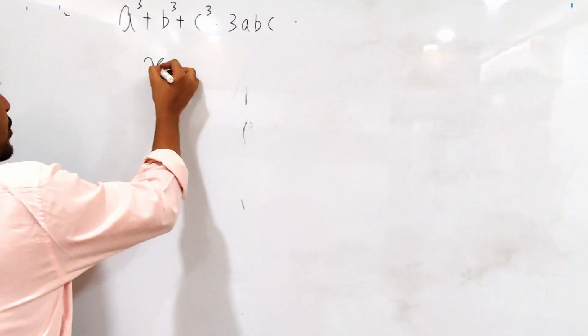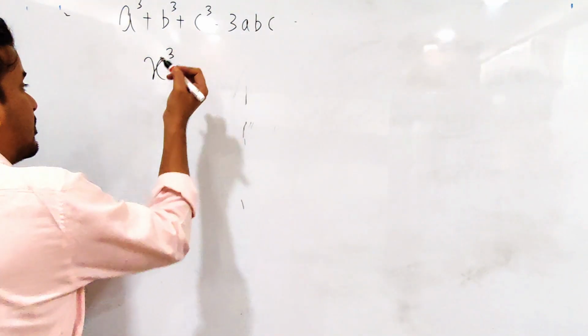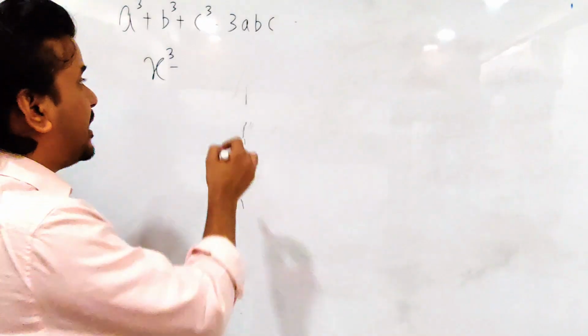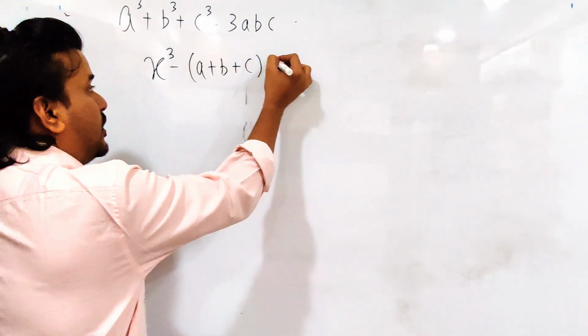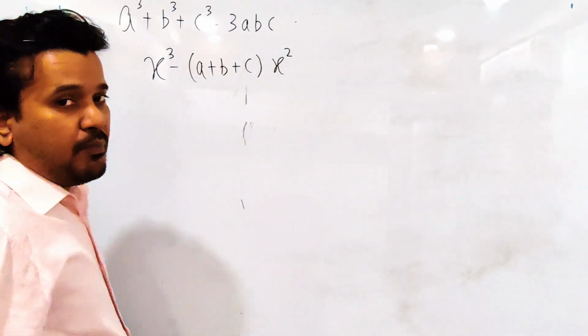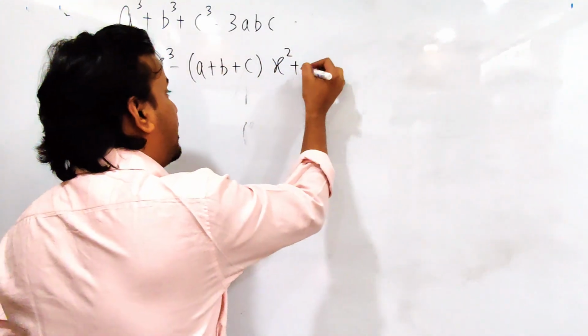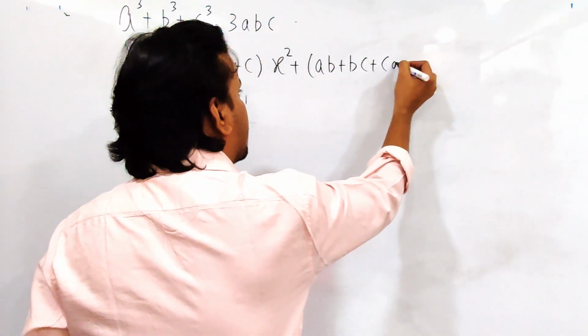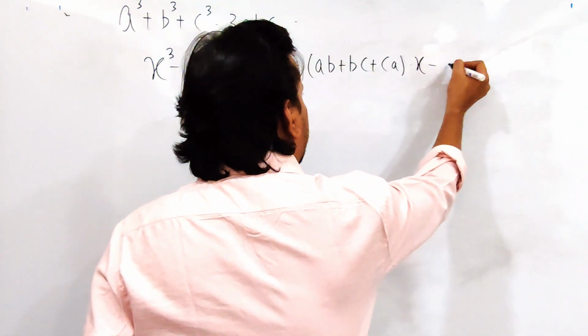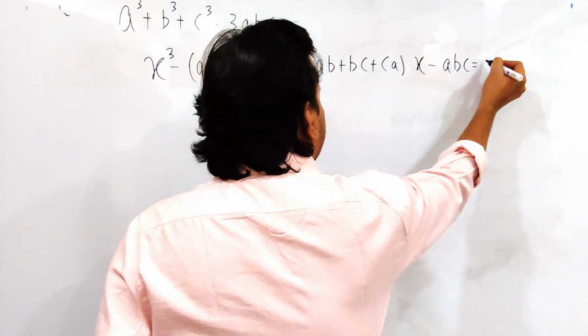So this is going to be x cube minus the sum of the roots one at a time, that is a plus b plus c, S1, x square, plus the sum of the roots two at a time, that is ab, bc, ca, times x, and minus abc.